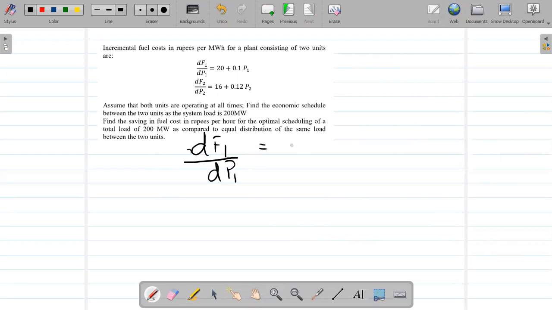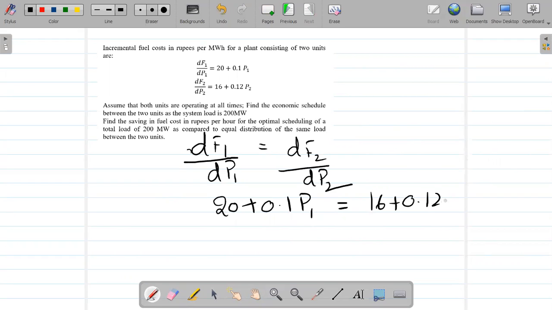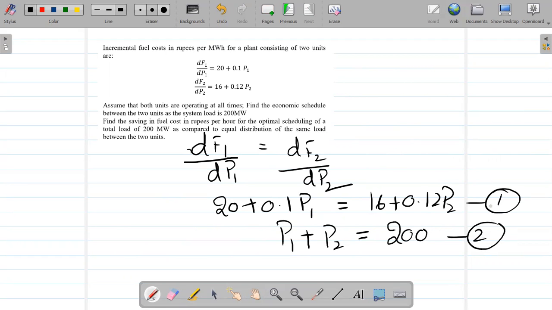So dF1 by dP1 equals dF2 by dP2, that is, 20 plus 0.1 P1 equals 16 plus 0.12 P2. Let it be the first equation. What is the constraint given? The total load is 200 megawatt, that means generation equals load demand. Total generation is P1 plus P2, and the load demand given is 200 megawatt. That is the second equation.